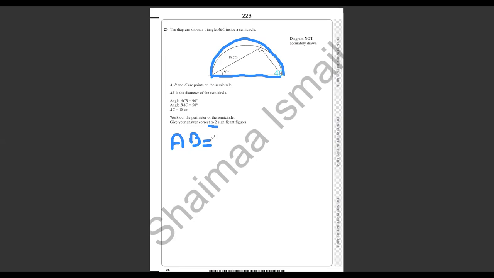So we say that is the sine here, the opposite of this is 18 divided by the hypotenuse here. So the length of this AB would be equal to sine 40 dividing by 18.